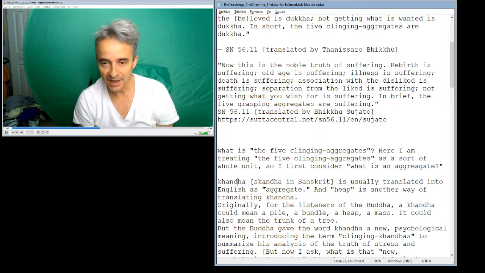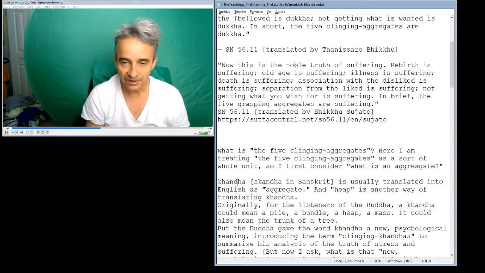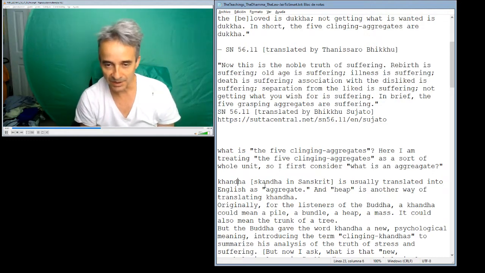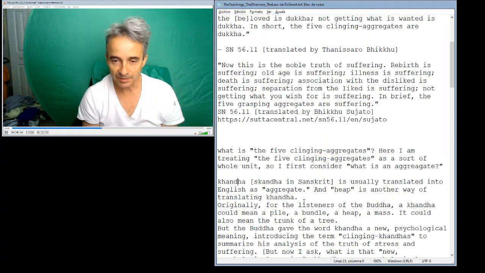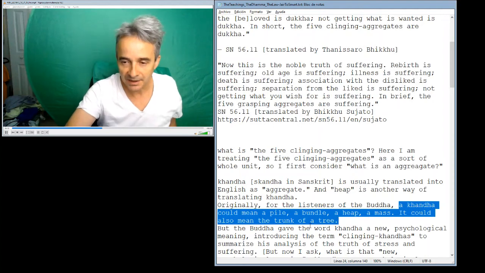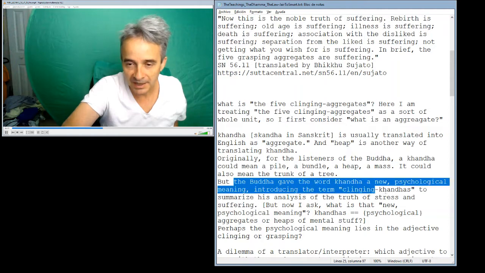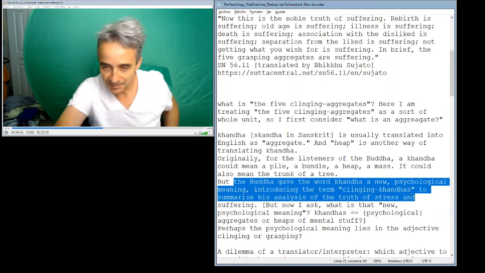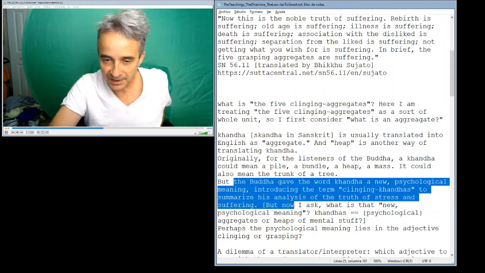So khandha is usually translated into English as aggregate. Originally, for the listeners of the Buddha, a khandha could be a pile, a bundle, a heap, a mass. It could also be the trunk of a tree. So the Buddha gave the word khandha a new psychological meaning, introducing the term clinging khandhas to summarize his analysis of the truth of stress and suffering.